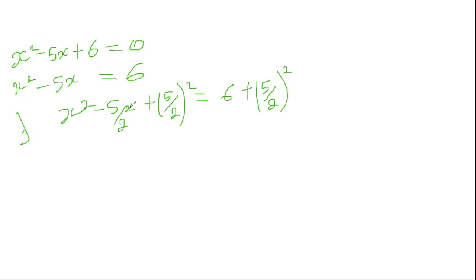So now this on the left hand side becomes x minus 5 over 2 squared. Let me see. Let us use another method.